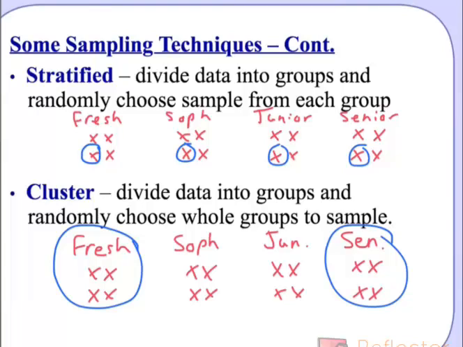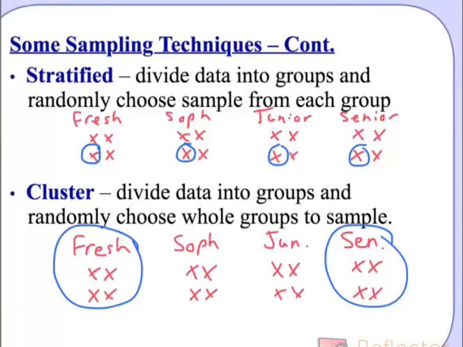The difference between stratified and cluster is that in both of them I have everybody broken up into groups. In stratified, each group is represented. In cluster, I choose a cluster, or I choose a group, choose the entire group. So I'm clustering who I'm choosing from. And so that's what I'm looking at when I'm talking about whether it's stratified or cluster.